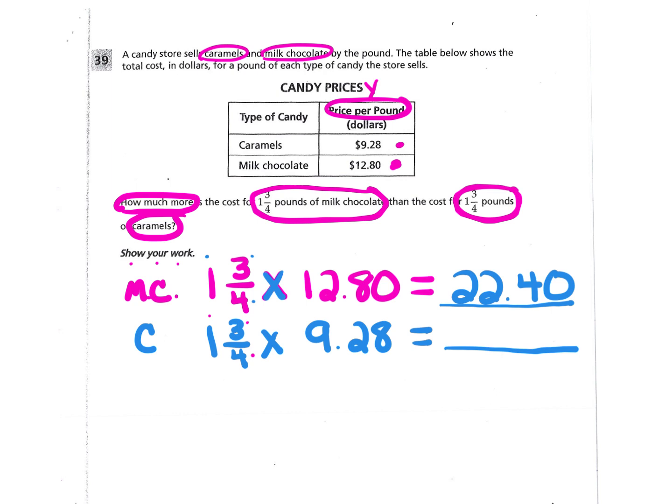You should have gotten $16.24 for the caramels. Now punch it into your calculator. Don't do it by hand. We want accurate results. Let's do 2240 take away 1624, and we can find the difference. This completes problem 39. Please flip to the next page.